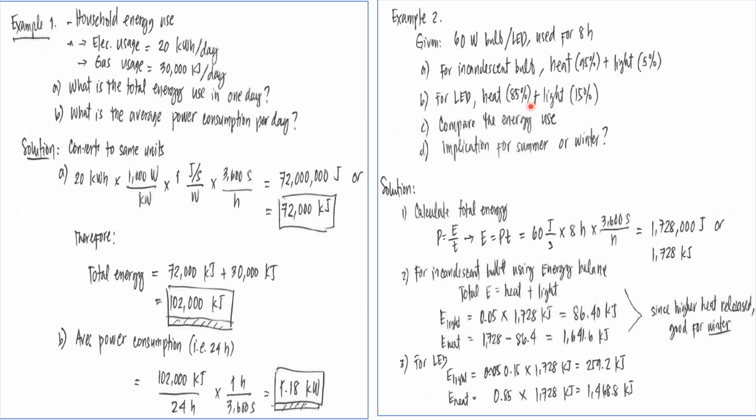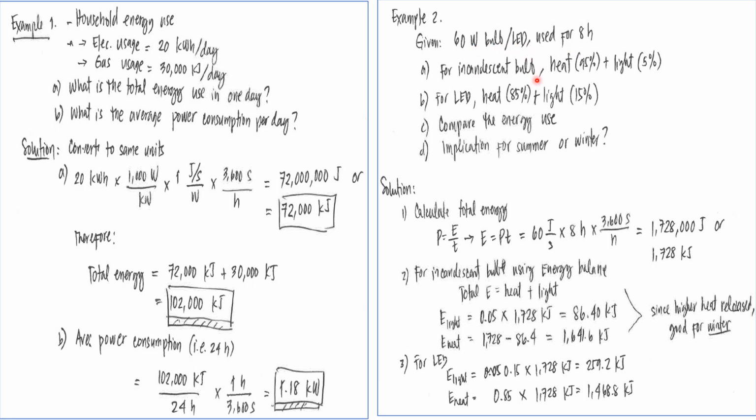Okay, the next example is on the comparison of the energy usage between an LED light and an incandescent bulb. We have 60 watts of power for the bulb or LED, and both are used for 8 hours. We need to compare the usage of these two.